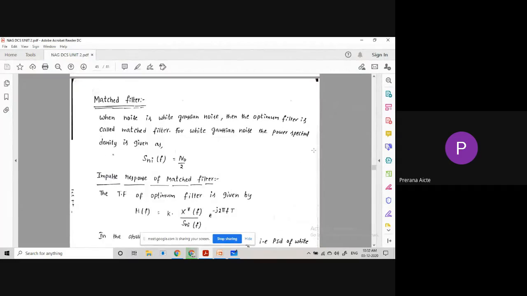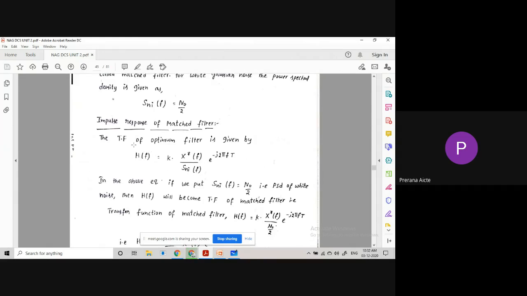First, we define what is meant by a matched filter. Whenever the noise is additive white Gaussian noise, the optimum filter is called the matched filter. For white Gaussian noise, the power spectral density is given by S suffix Ni of f, which is N0 by 2. Then what is the impulse response?